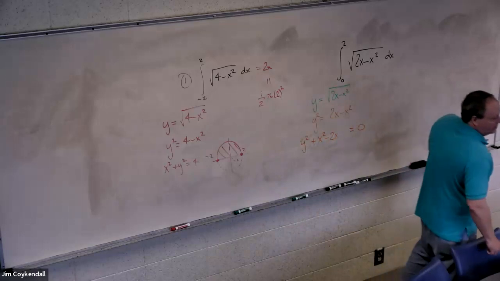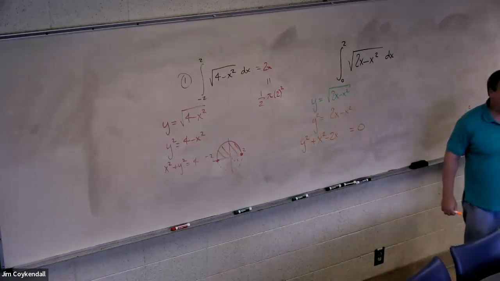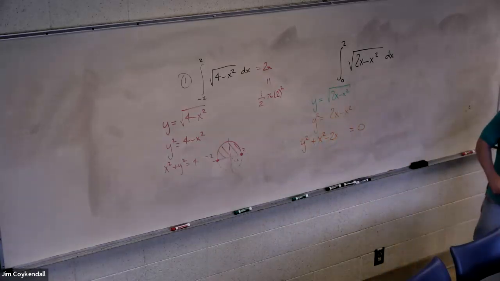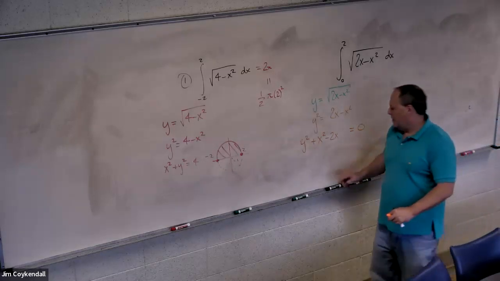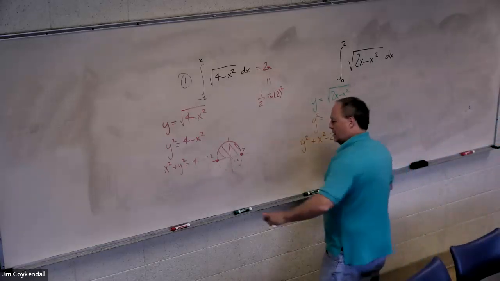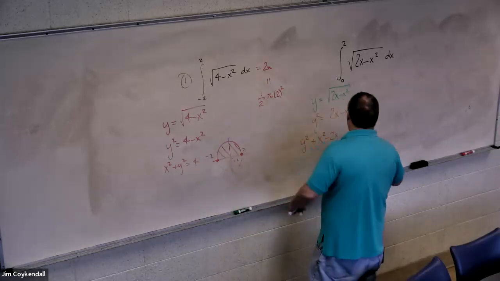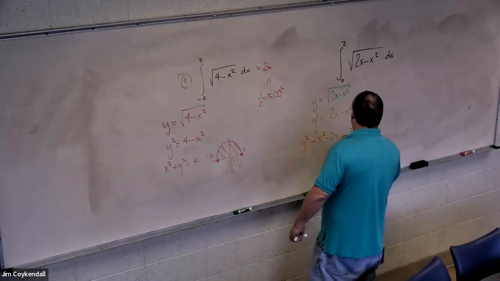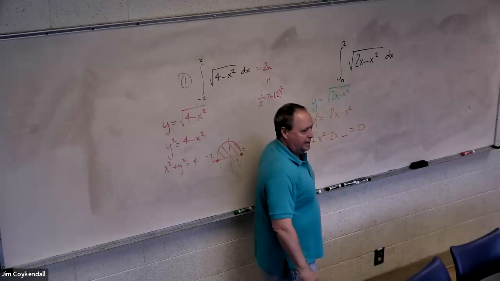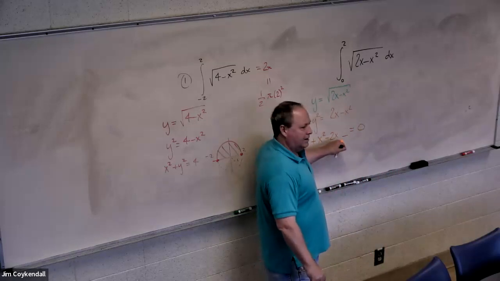How many remember completing the square? Right? Just all of them, right? Does anybody know what I can add to this to make this a perfect square? What can I put right here to make this x squared minus 2x?